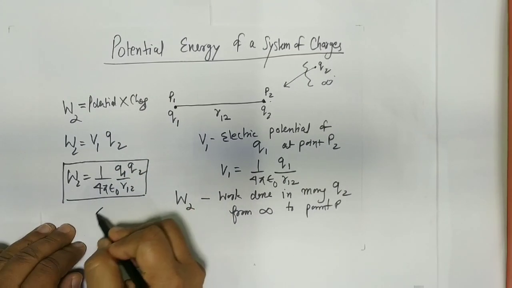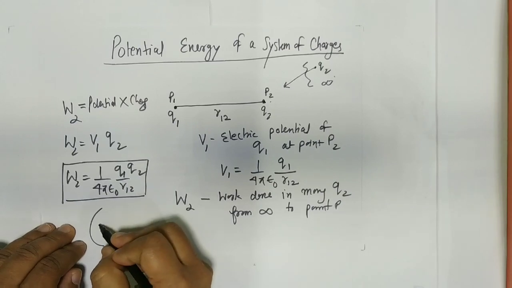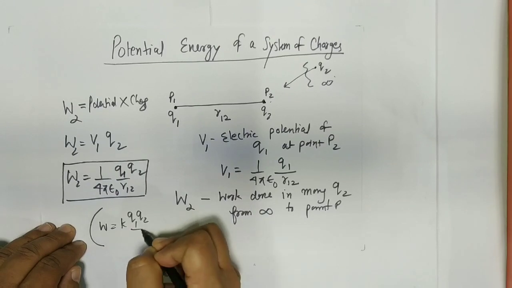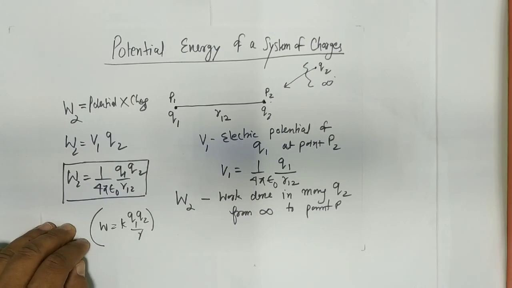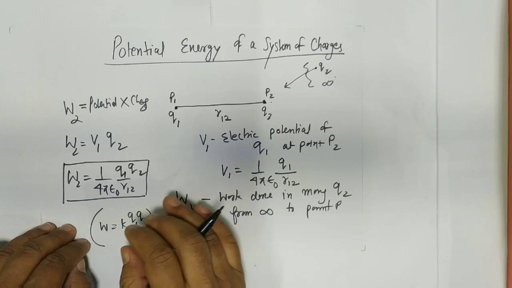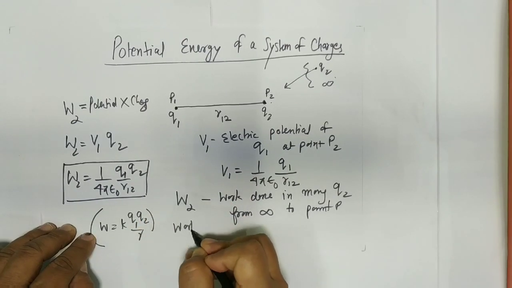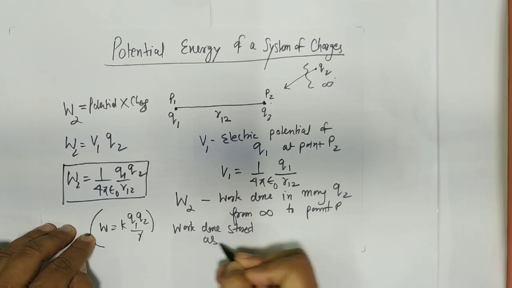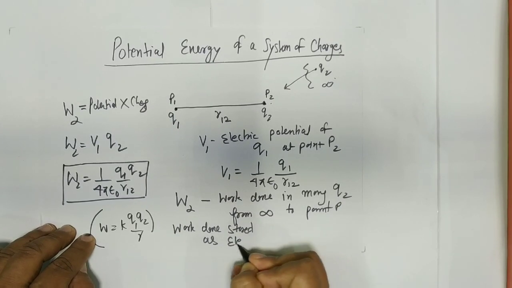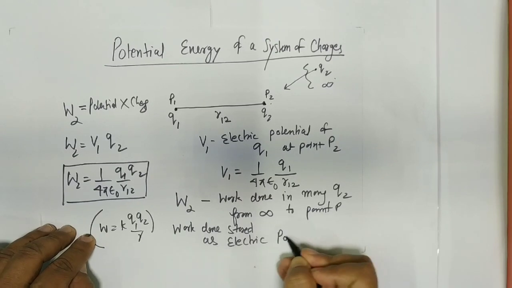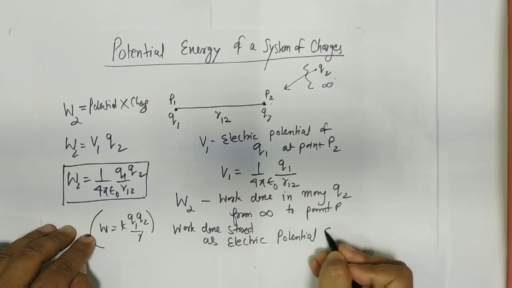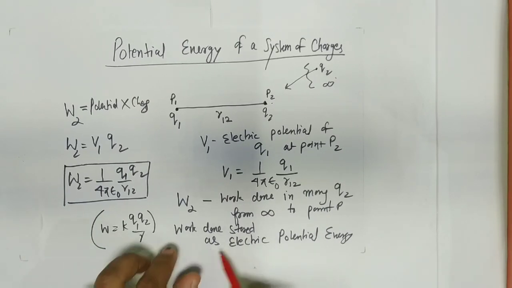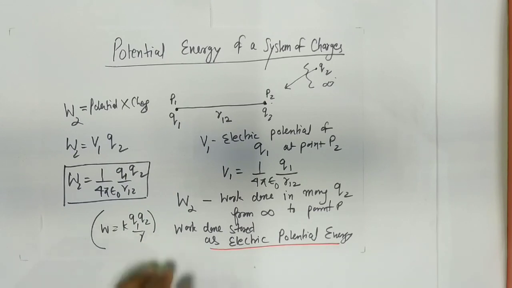You remember the general formula was k Q1 Q2 by R. So work done is stored as potential energy, and more precisely it is electric potential energy. If you see, it is stored as electric potential energy.